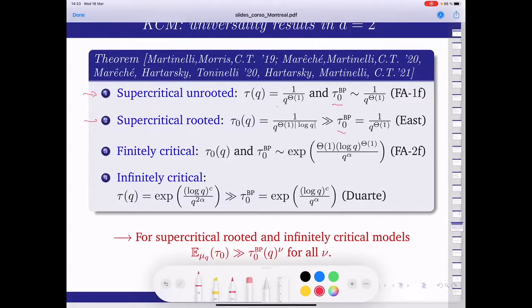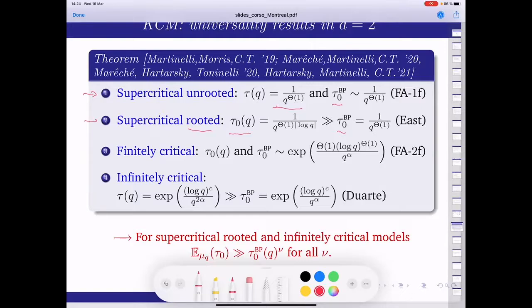For these models, the scaling for the stochastic dynamics is also an inverse power of the density of empty sites, though the power is different from the one of the bootstrap. And for the rooted models instead, those like East, which contain at least two non-opposite directions that are stable, the divergence of the time scales when q goes to 0 is much faster. It scales as 1 over q to the power log q, as we saw for the East model.